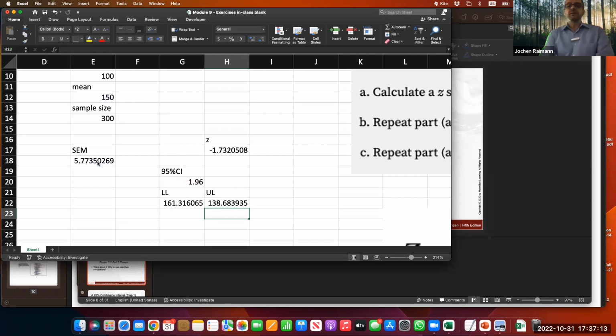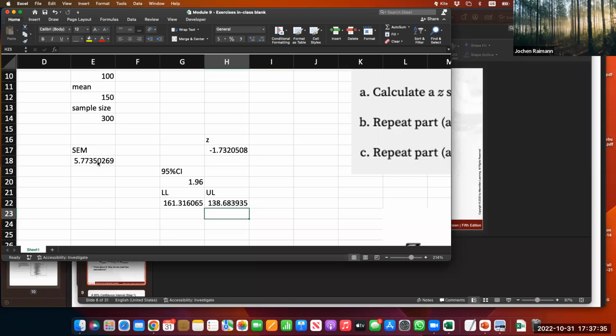That's 138.68. So now what do we see here? We have an interval surrounding a mean of 150. That's the center of the distribution. We have an upper limit of 161 and a lower limit of 139.